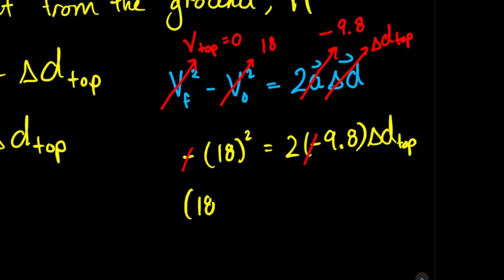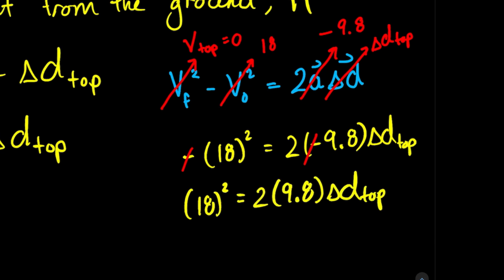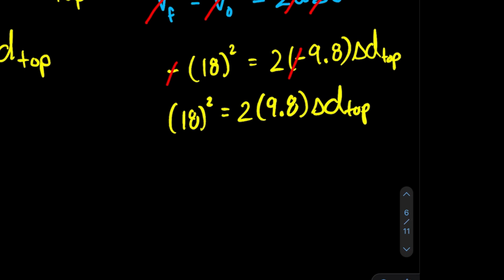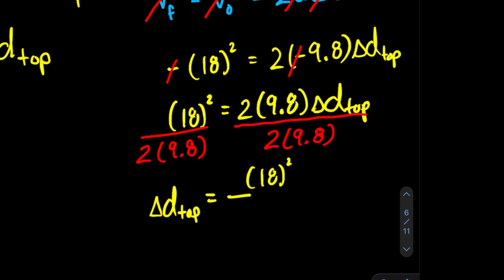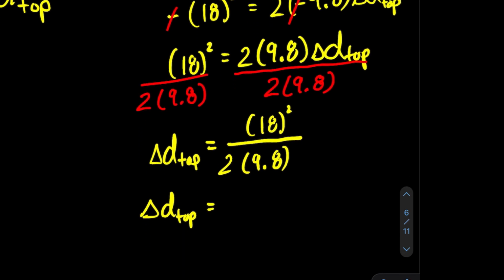So 18 squared. We can divide both sides by 2 times 9.8 in order to isolate for delta D top. And this gives us approximately 16.53 meters once we plug it into our calculators.